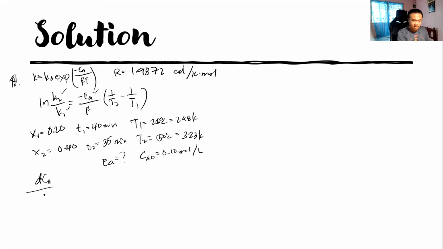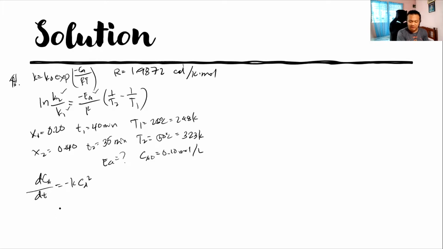Second order reaction, let's use our differential equation. So dCA over CA squared. I derived this in the last video, di ba?